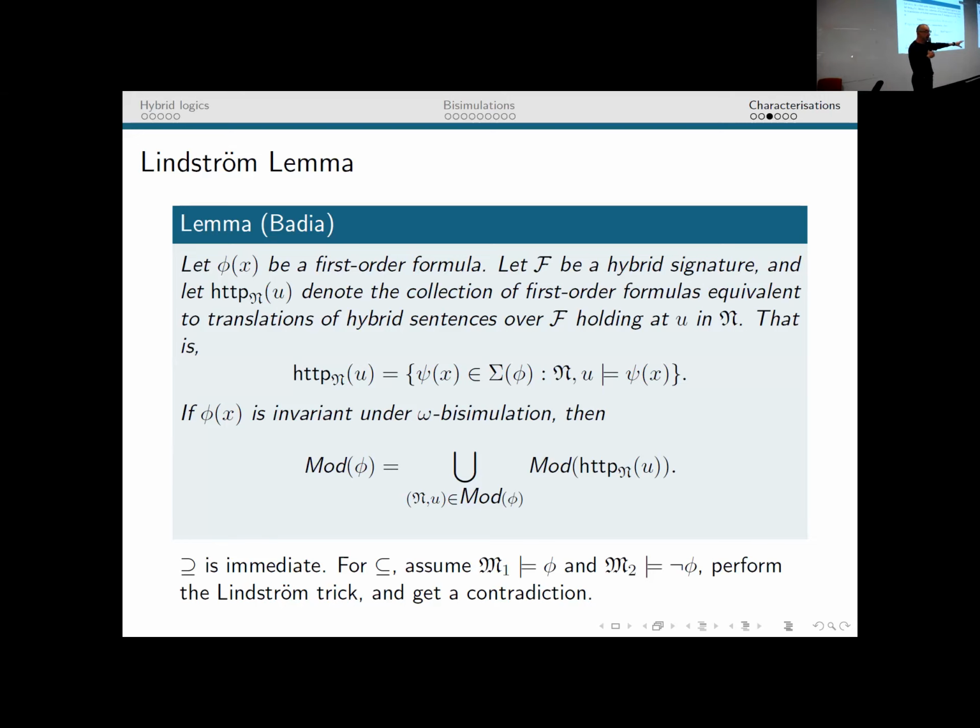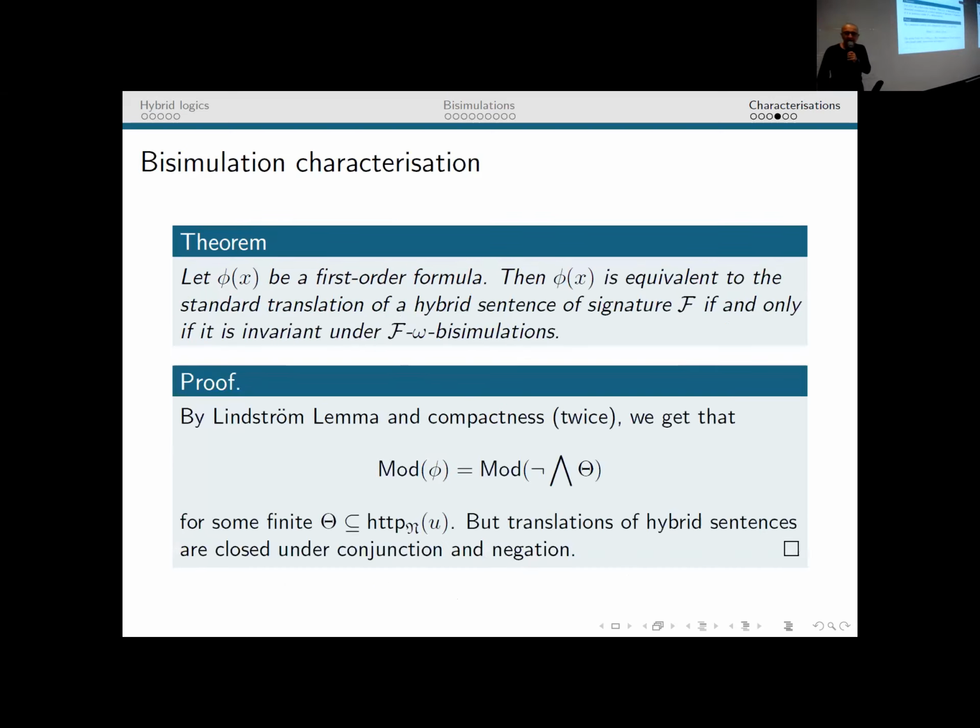It has a model, so by compactness the whole thing has a model. But then you realize that you have these two chunks: one is a model of phi, one is a model of not phi, and on top of that you have something that encodes bisimulation. That can't happen because phi was supposed to be invariant under bisimulations. Contradiction, end of proof. So this is our theorem.